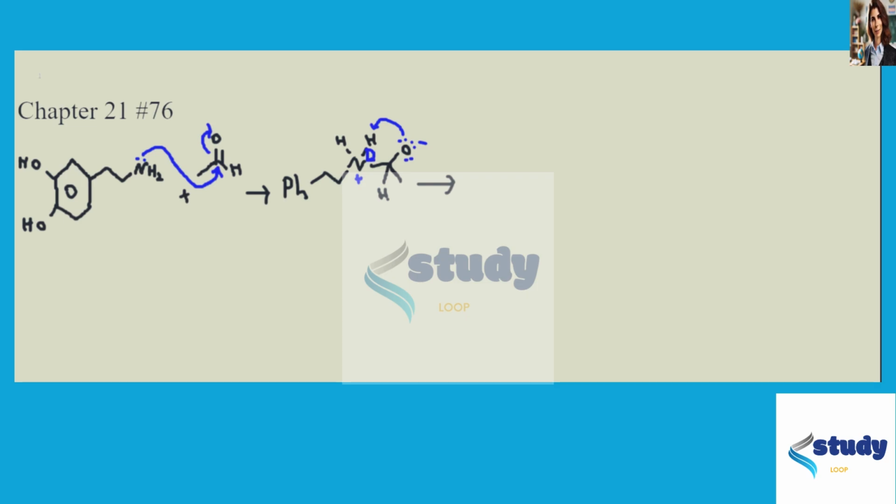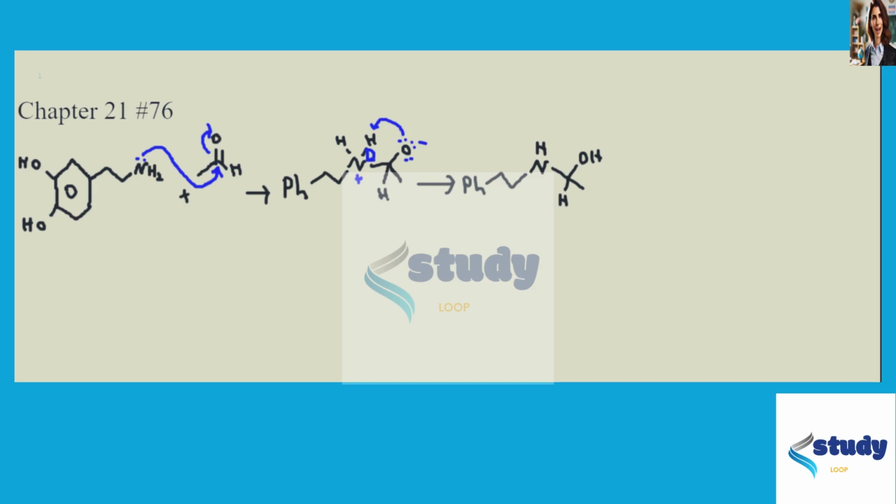But since it is just a formal proton transfer, we can draw it like that. So that's going to get us to here. Methyl group, hydrogen. All right.